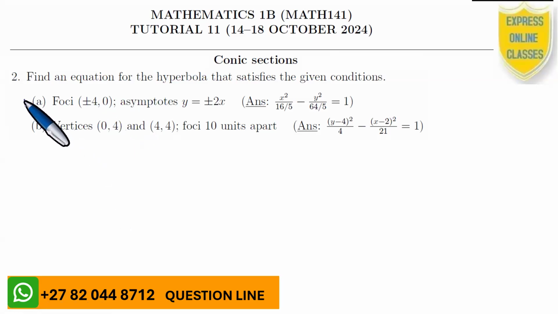2a. Find an equation for the hyperbola that satisfies the given conditions if the foci have been given and the asymptotes have been given. So we're looking at 2a.